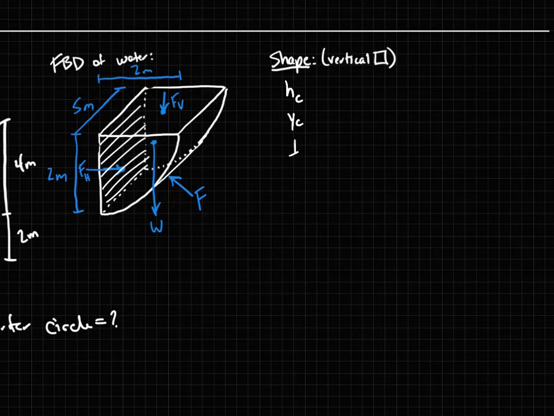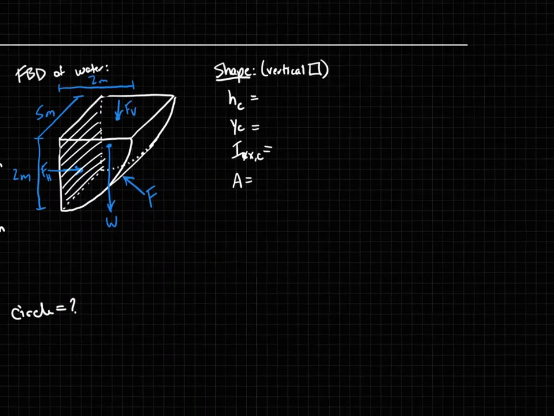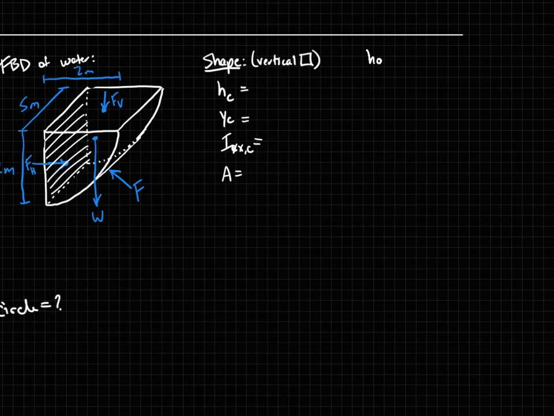We'll need the moment of inertia, I_xx,c. That's a really annoying notation. And we're going to need the area of the shape. These are the things we need for that vertical rectangle. We're going to need those for all of these things. So I could say vertical rectangle, and right here I could have the horizontal rectangle.